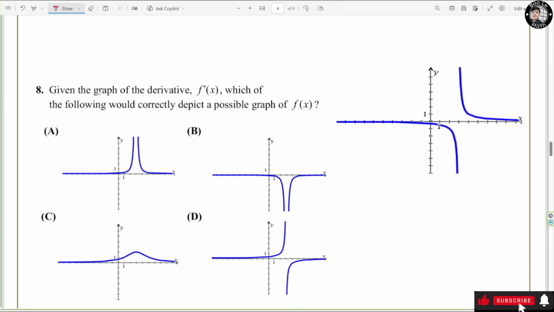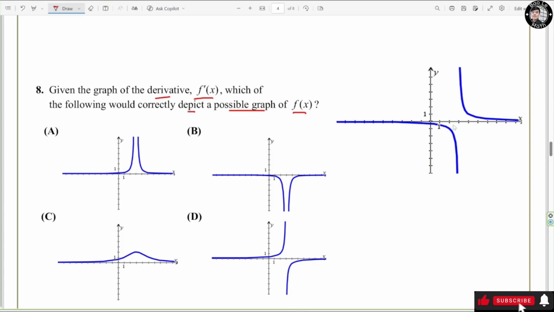Now let's move on to question 8. Given the graph of the derivative f prime of s, which of the following would correctly depict a possible graph of f(s)? So we need to reconstruct the function f(s) from the function f prime of s.